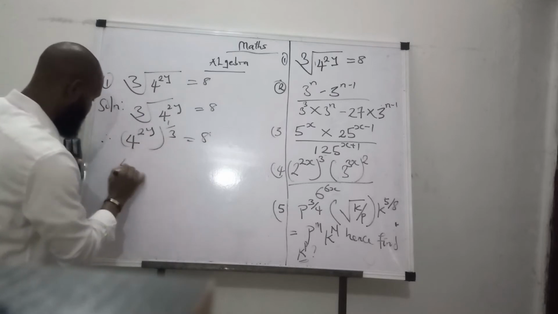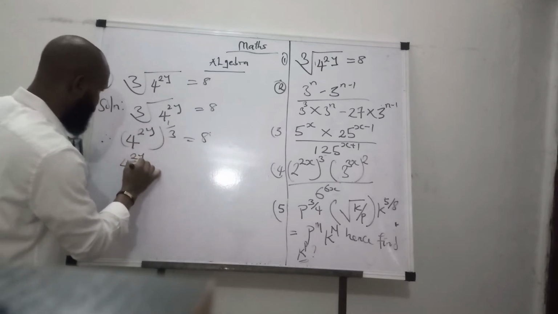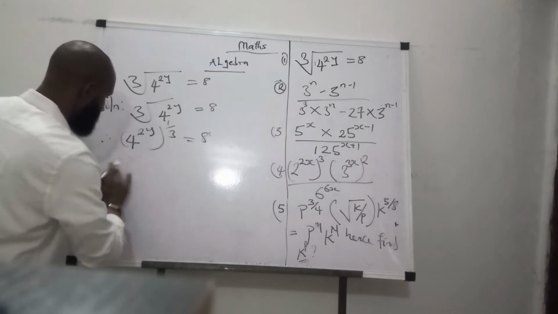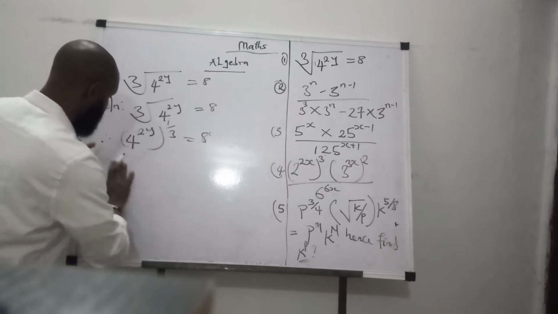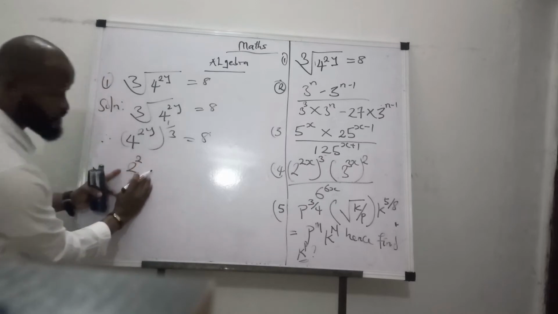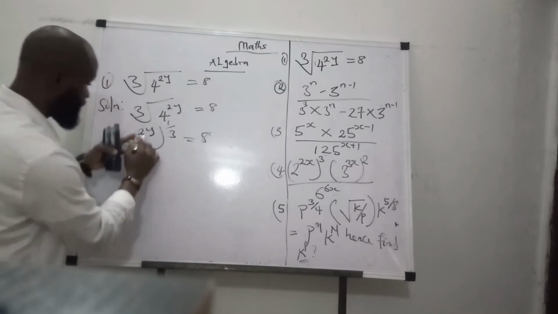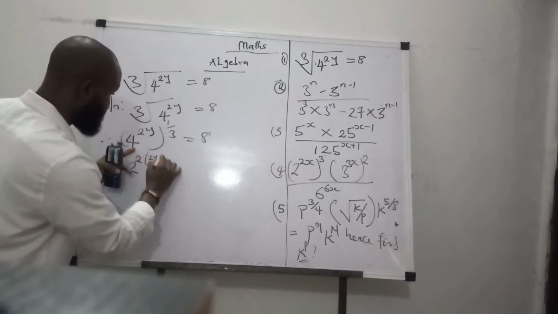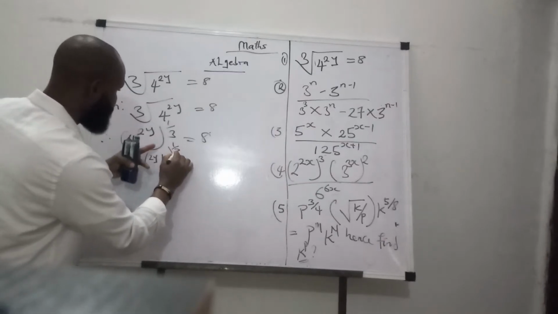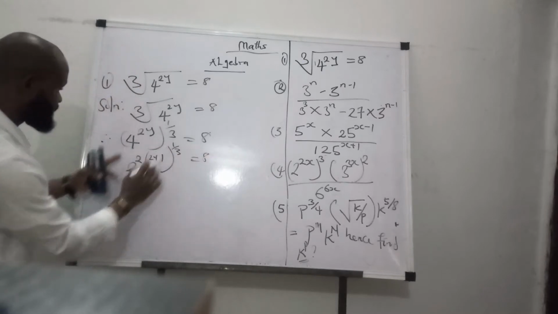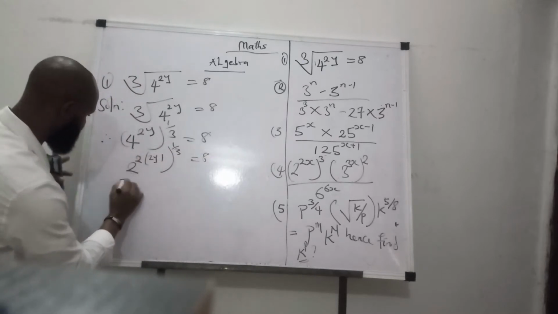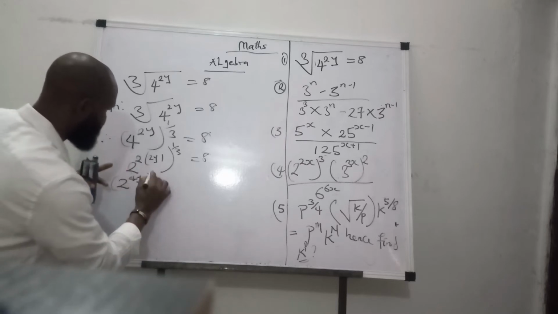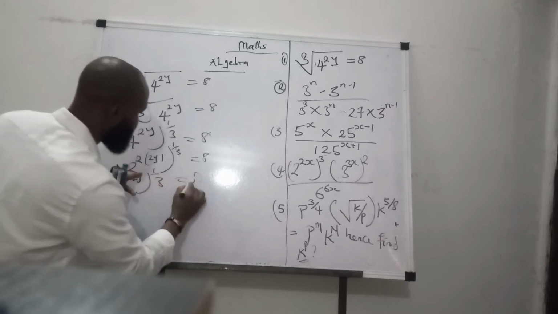Therefore, we say 4 raised to the power of 2y, raised to 1 over 3, equals 8. Okay, 4 can be written as 2 squared, correct? Multiplying the powers, we still have 4y multiplied by 1 over 3, equaling 8.